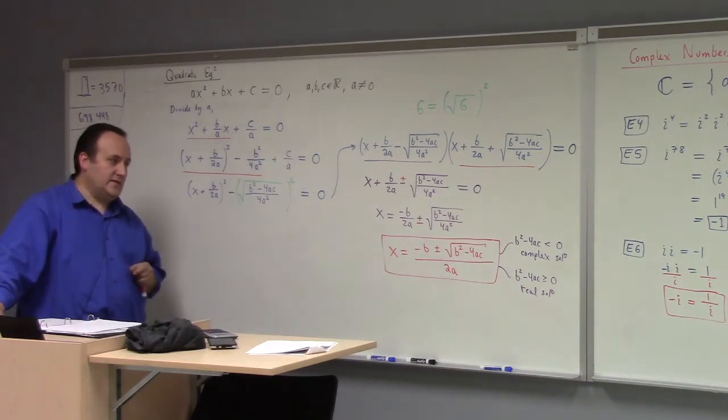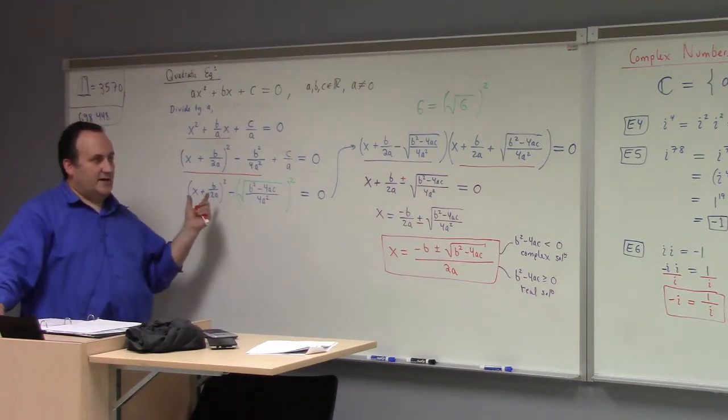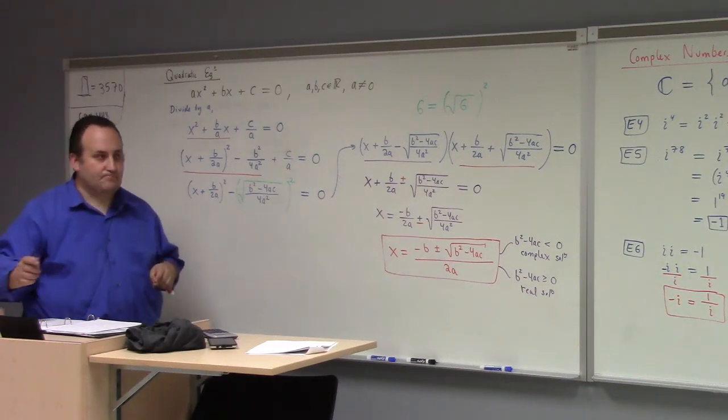If the thing going into the square root is positive or 0, it's a real solution. Last week we talked about prime polynomials, right? So if the solutions are complex, that corresponds to the polynomial being a prime polynomial. A prime polynomial is one where you can only factor it if you're allowed to use complex numbers, all right?